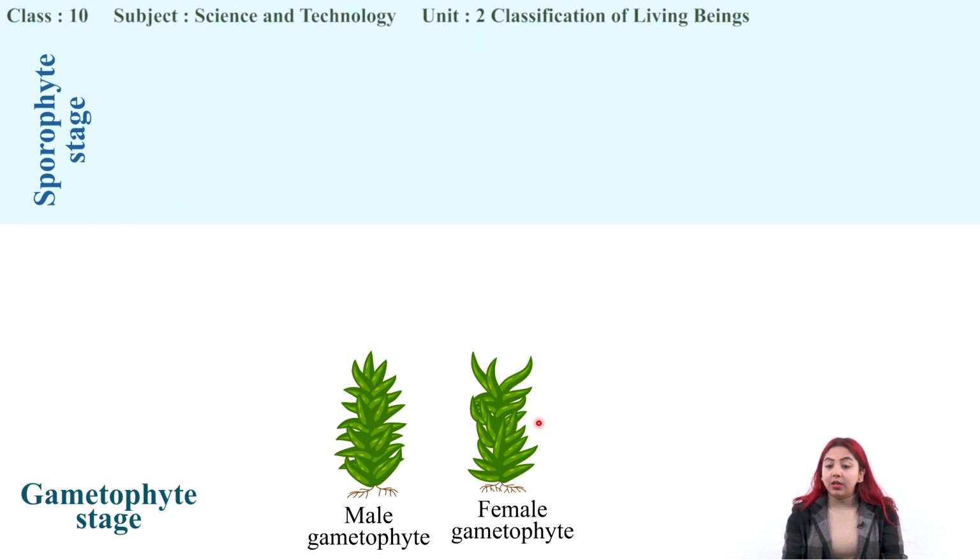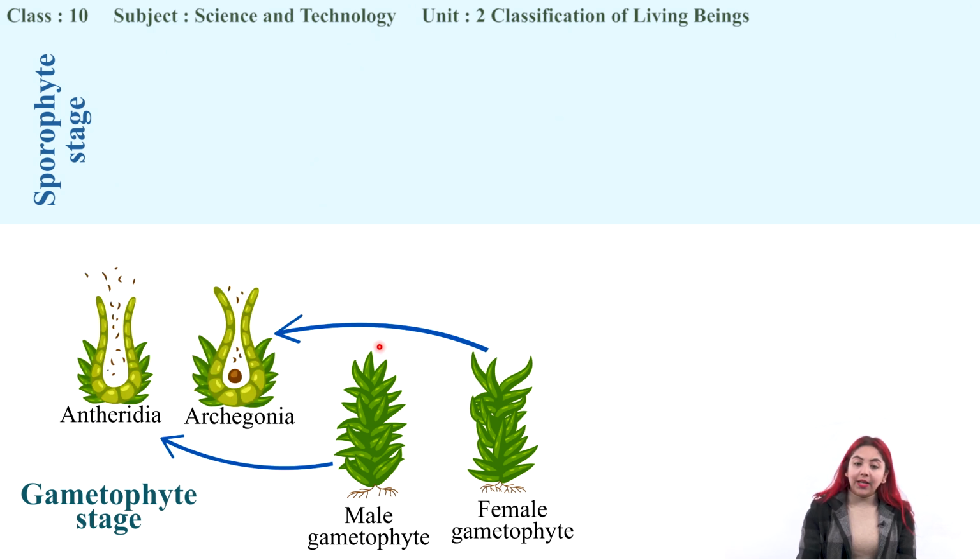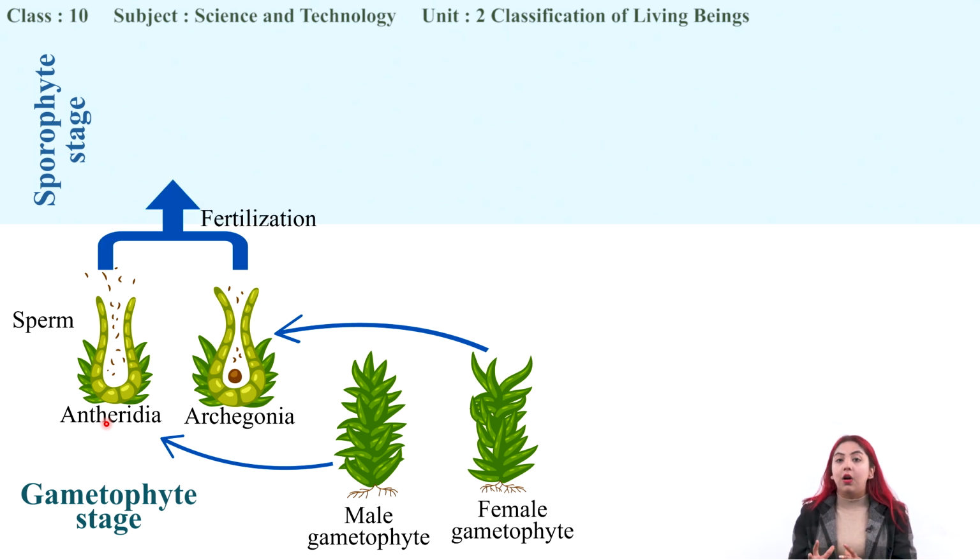As I mentioned, they are dioecious plants, that is, the male and female gametes are present in different individuals. This is a female gametophyte and this is a male gametophyte. The female gametophyte consists of archegonia and the male gametophyte consists of antheridia. In the presence of water, the sperm from the antheridia travels into the archegonia and fertilization occurs.